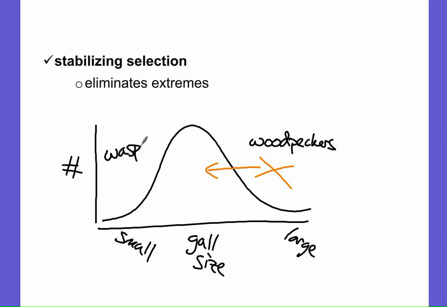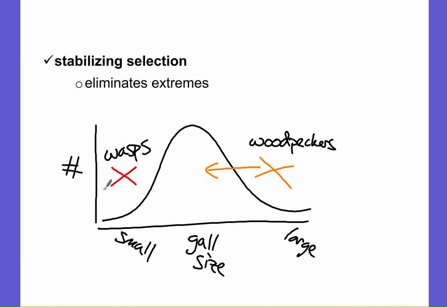So I have wasps on this side that are actually not laying their eggs in the larger sized galls, because if they lay their eggs in the larger sized galls, then the woodpeckers eat their offspring just like the flies. So the wasps are only laying their eggs in the very small galls, right?